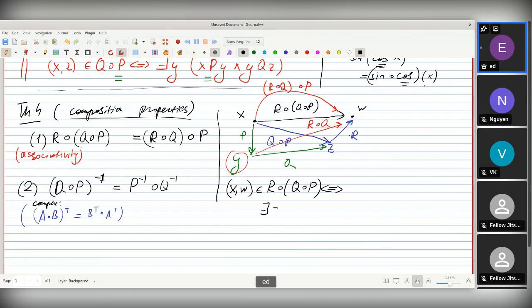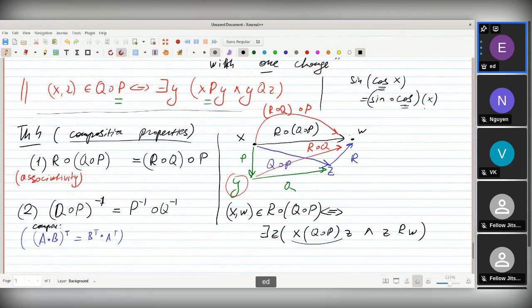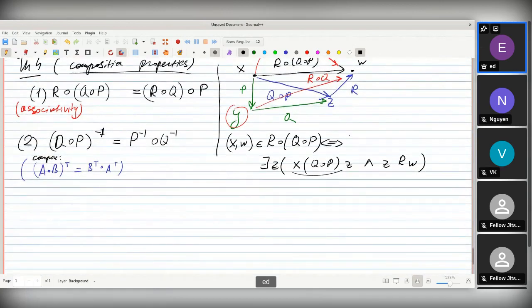It means that there is Z such that X, this composition, Z and Z R W. Now let us apply our property. Let us rewrite this one. There exists Z, there exists Y such that X, P, Y, and Y, Q, Z, and also Z, R, W.